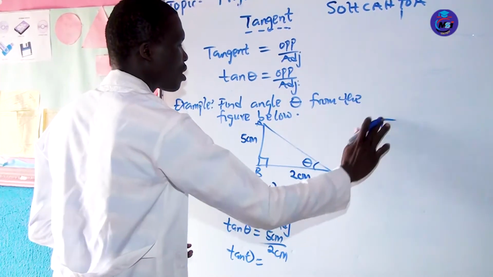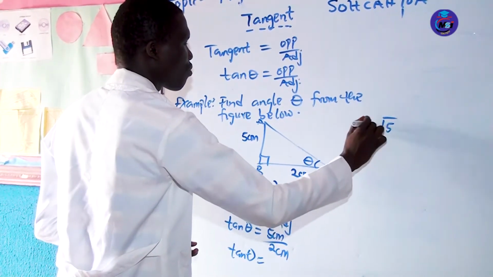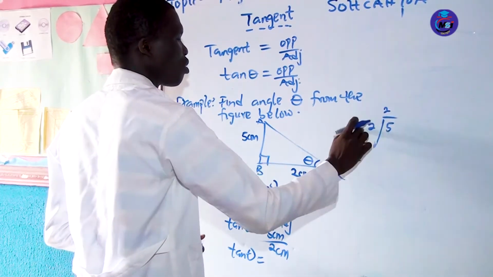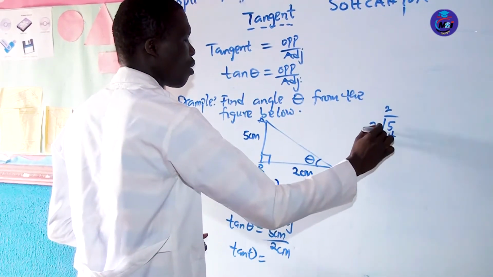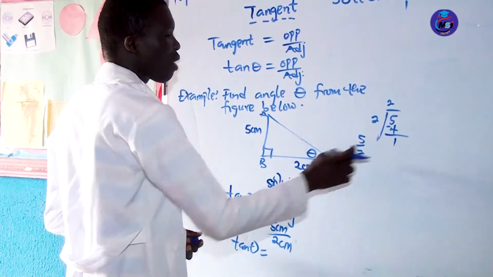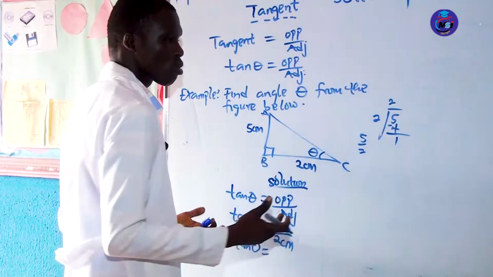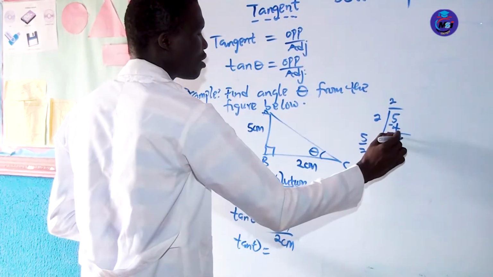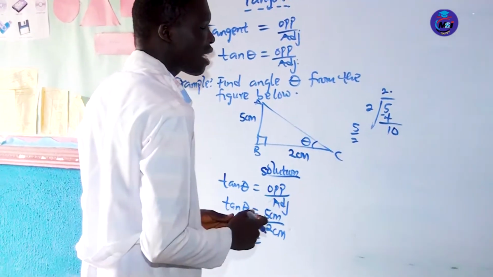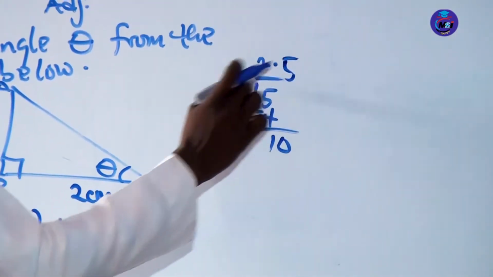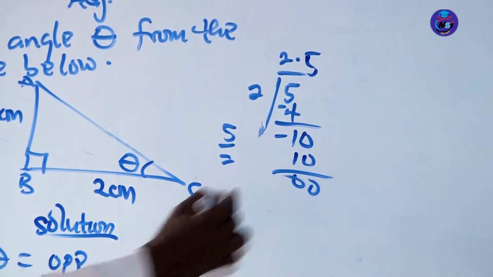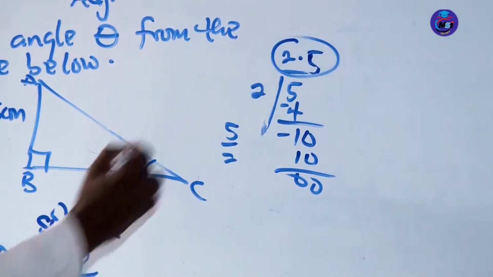We can do this. 5, 2. How many 2 can we get in 5? Is 2. 2 times 2 will give us 4. We minus 5 minus 4 will give us 1. How many 2 can we get in 1? It cannot go. So what are we going to do? We add 0 to this and we put point here. How many 2 can we get in 10? Is 5. 2 times 5 will give us 10. Then we minus, 0. So our answer will be what?